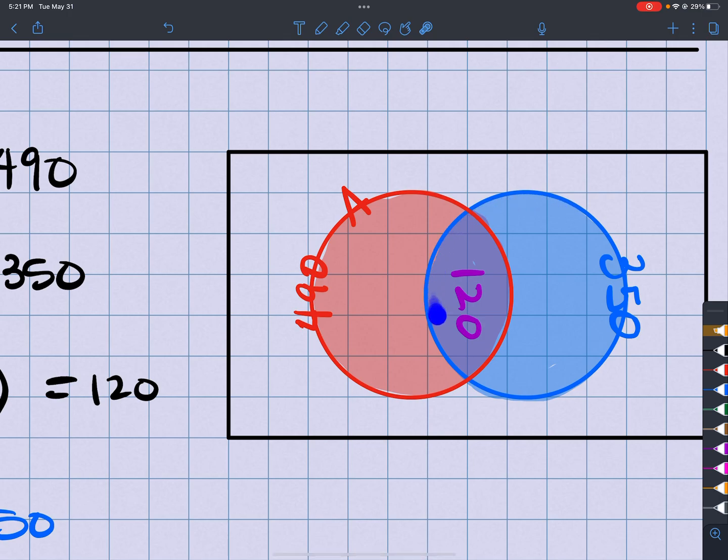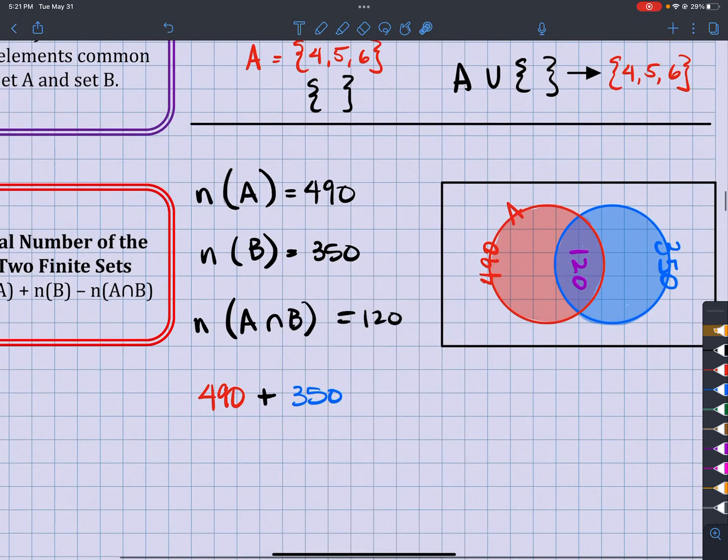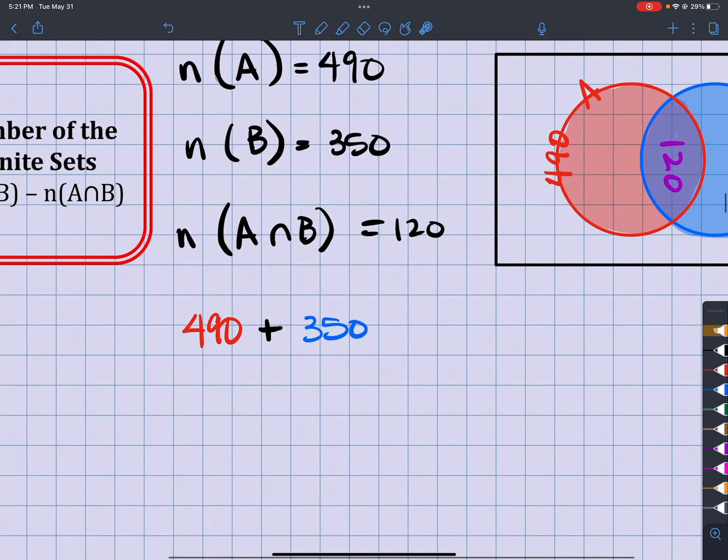And I'm adding it to the 350, and the 350 also includes that 120. So that means I counted this 120 twice, right? Once with the red, then once with the blue. So I counted 120 too many. So that's why I would subtract that 120.